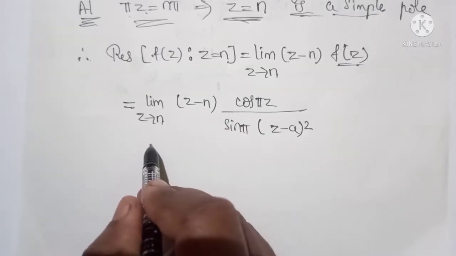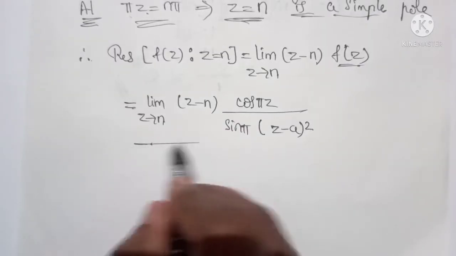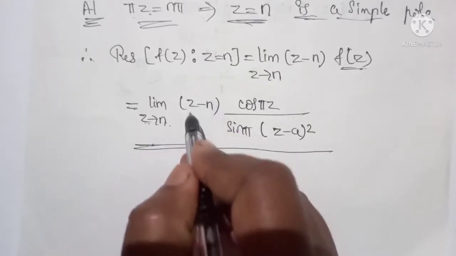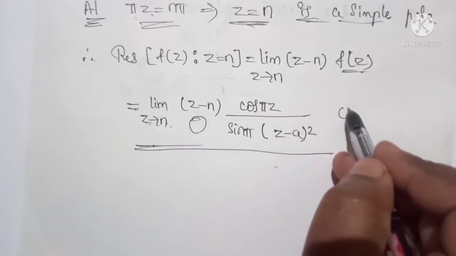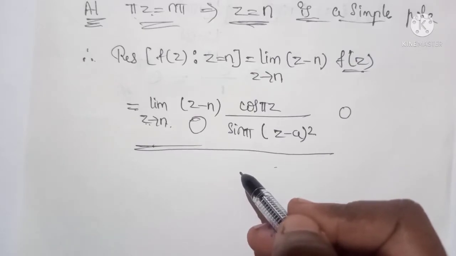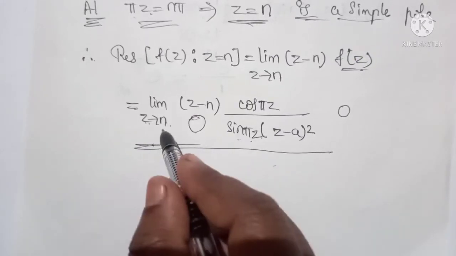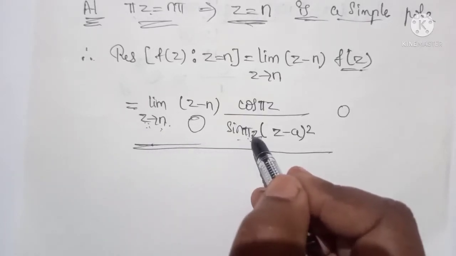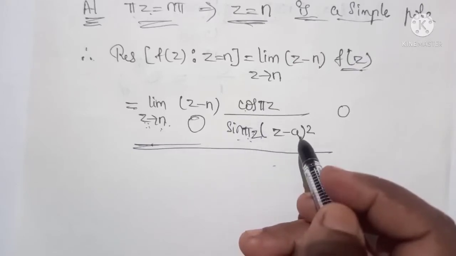If we use the limit form, the first formula, and substitute z equals n, we get 0, an indeterminate form, because substituting z equals n, here we get sin n pi which equals 0, so 0 by 0, which is an indeterminate form.